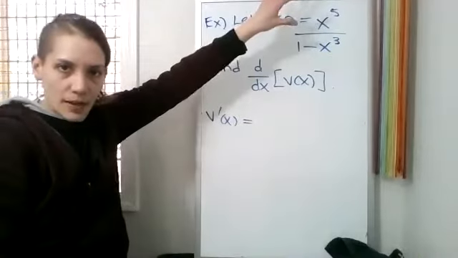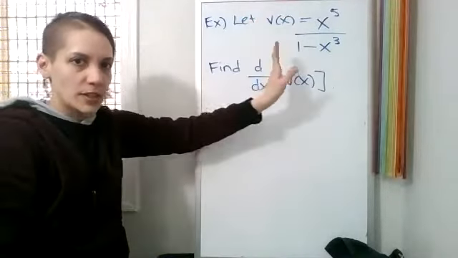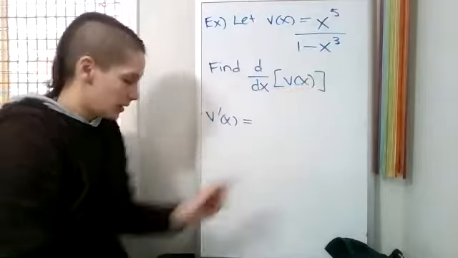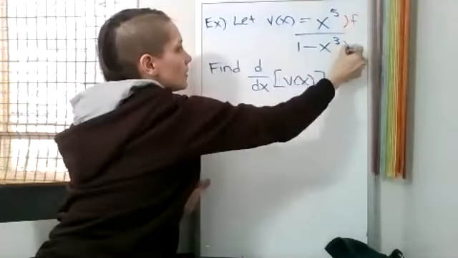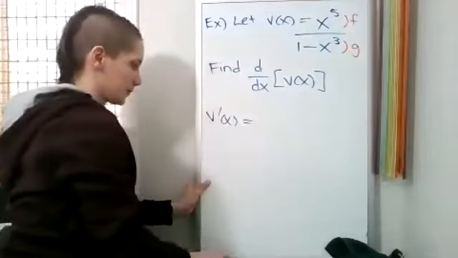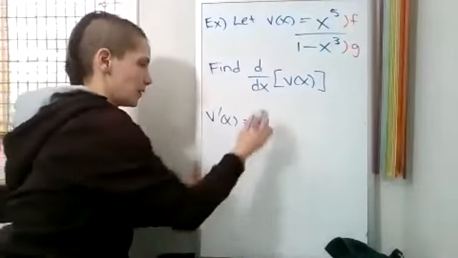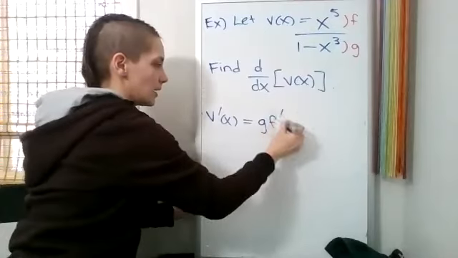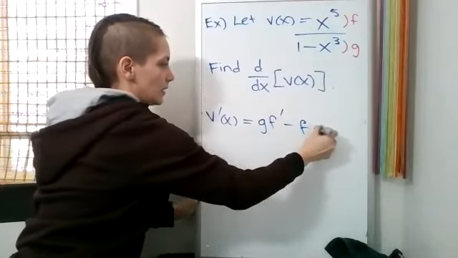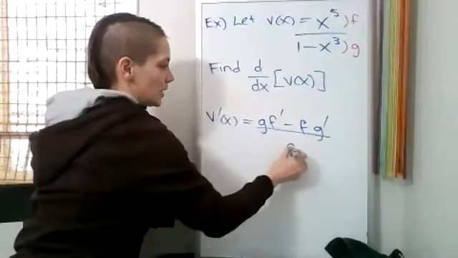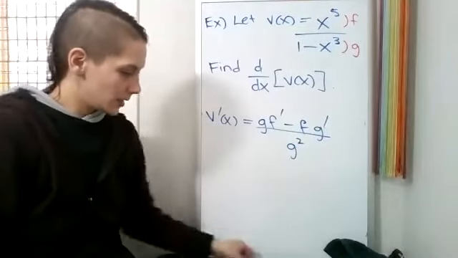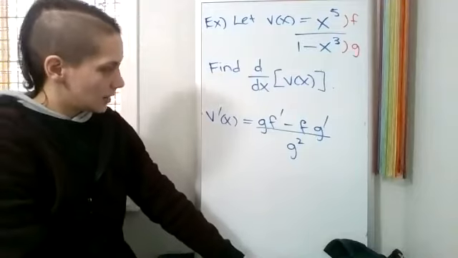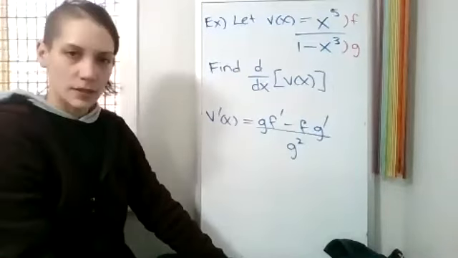We have f as our numerator, g is the denominator, and we'll use the rule: low d high minus high d low over bottom squared. Double check it just in case. Looks okay.